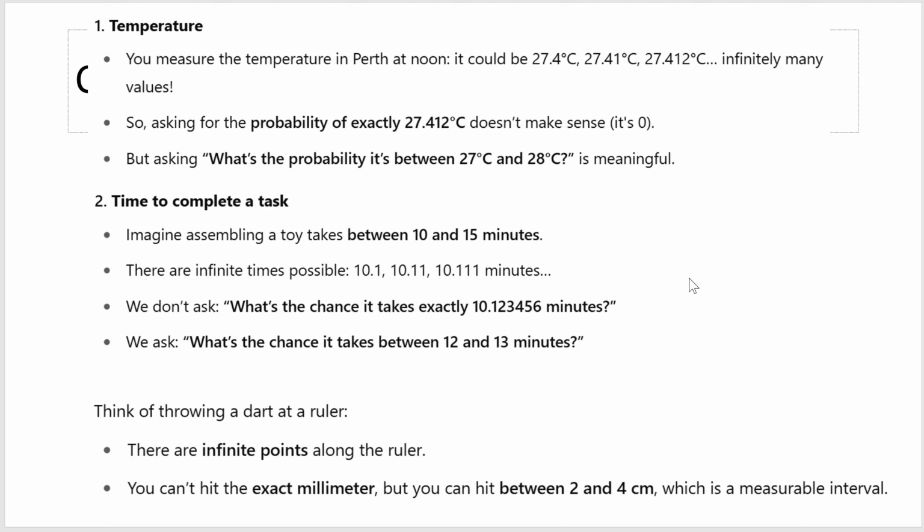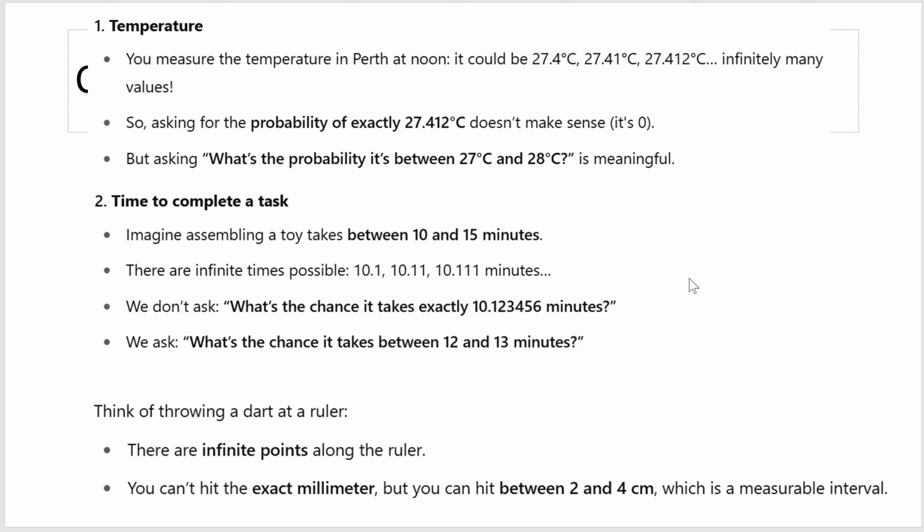So asking for the probability of exactly 27.412 degrees Celsius does not make sense. The probability is 0. But asking what is the probability that the temperature will be between 27 and 28, that is meaningful. So you are looking at a range now. You can say what is the probability that tomorrow's temperature will be less than 33 degrees. That is also doable in continuous random variables because it's again a range.